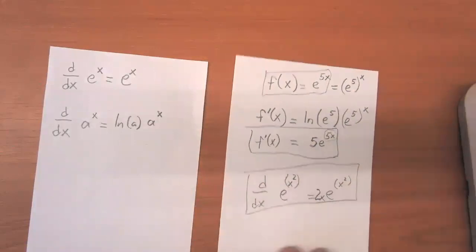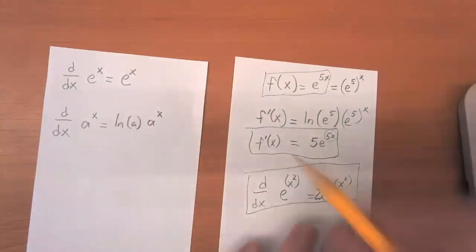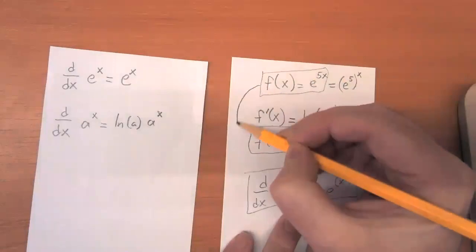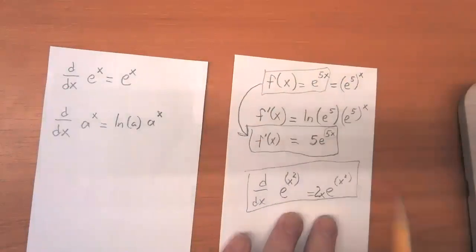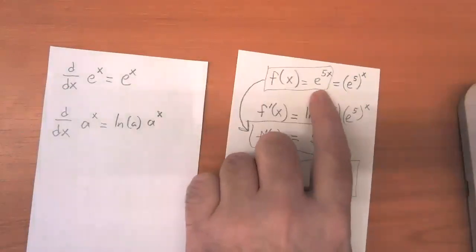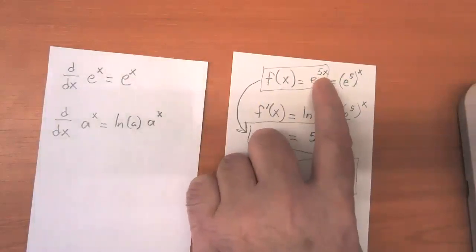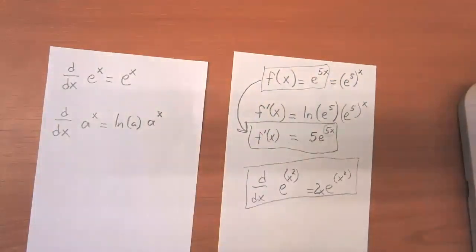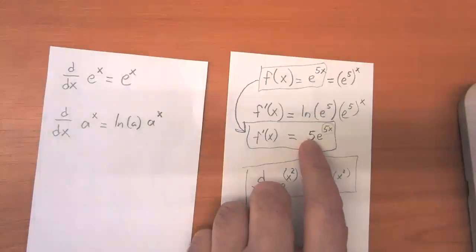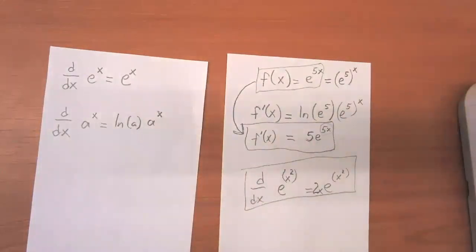We'll talk about that in a lot more detail, but the one thing I wanted you to see going into the IXLs is when you've got e to a linear multiple of x, you're just going to bring that coefficient down as the coefficient. So that's how you calculate things like e to the 5x power.